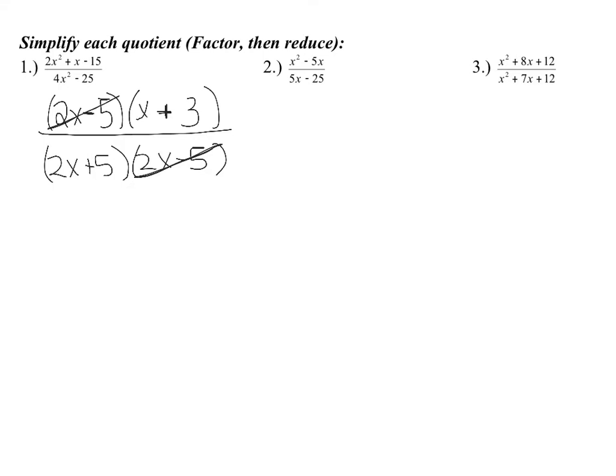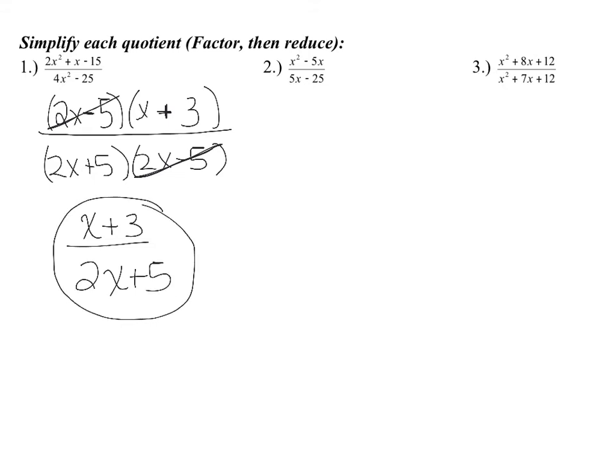And since that set of parentheses is done before multiplication of the other set, you can cancel them out because you're allowed to cancel things out between multiplication. What you're left with is x plus 3 over 2x plus 5. And you're done. You can't do anything else with that because it's fully factored. There's no more multiplication happening between terms, so you can't cross anything else out. And that is your most simplified answer.